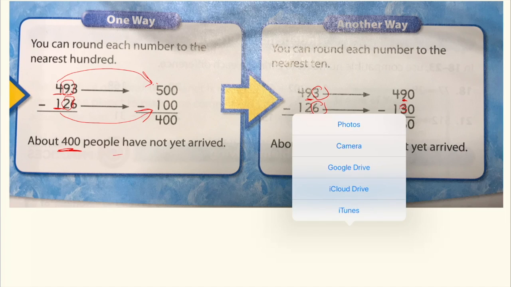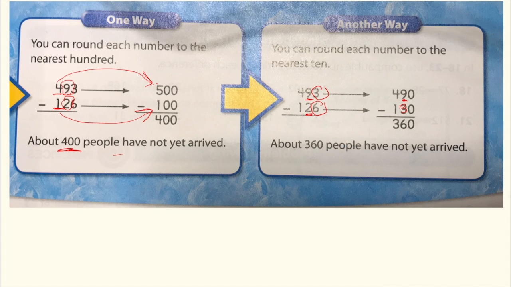All the numbers to the left stay the same, and all the numbers to the right turn to 0. 490 minus 130 equals 360. About 360 people have not arrived.